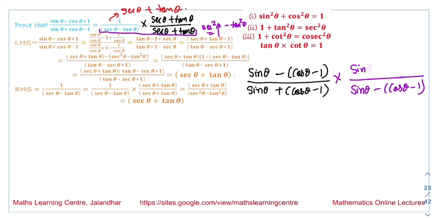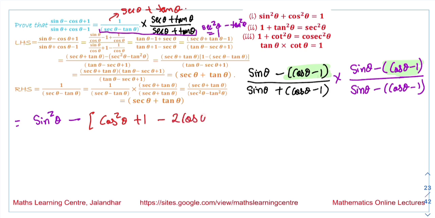When you multiply these terms, the value you will get is sin square theta, then minus the square of cos theta minus 1, which is cos square theta plus 1 minus 2 cos theta.